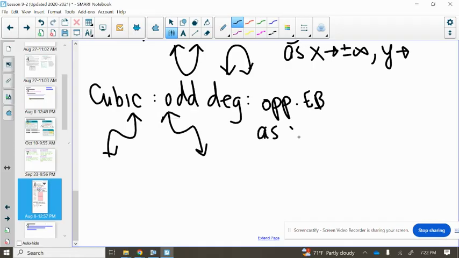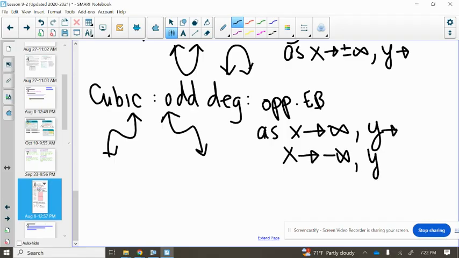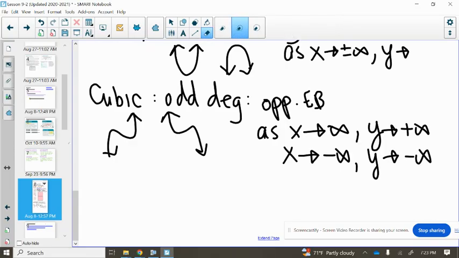As x goes to positive infinity, y is going to be doing something, and we know the negative infinity will be the opposite of that. So if y is going to positive infinity here, because of that opposite nature, it would go to negative infinity there. Or if we're going to negative infinity up here, this has to be positive infinity. Again, it's going to be opposite in those y values, regardless.